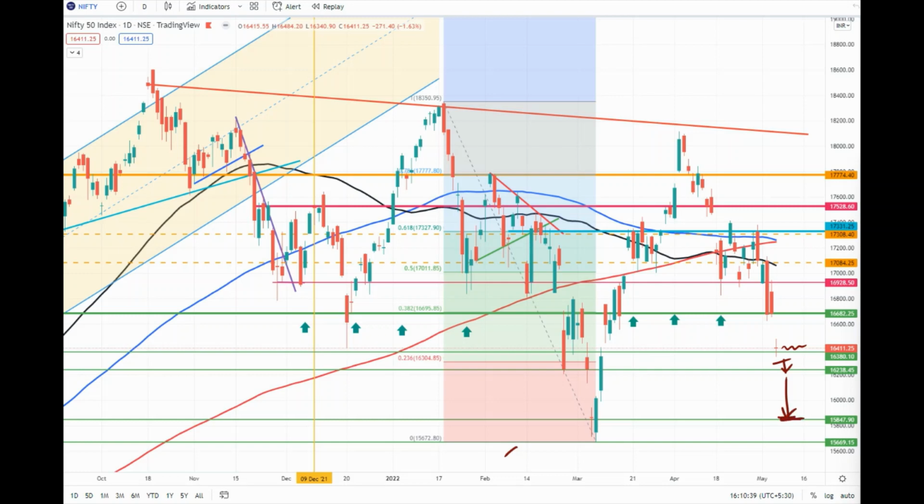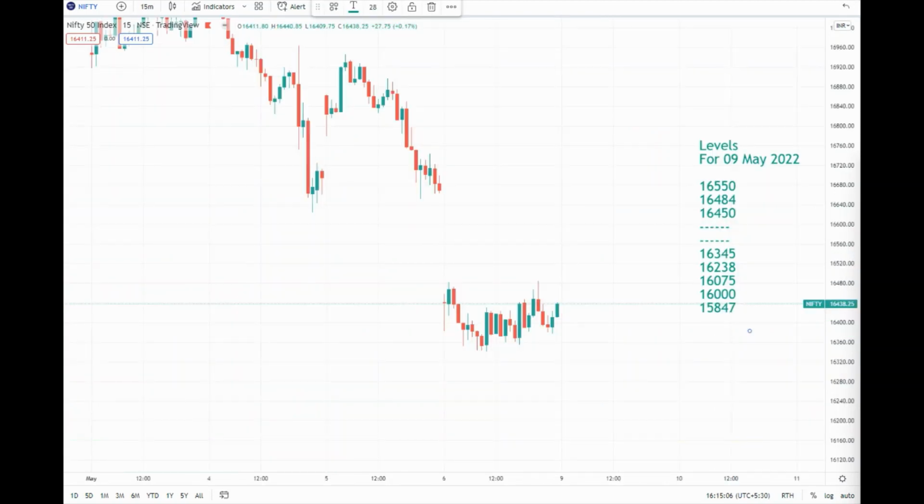If there is a gap down, maybe 16,238 will get tested, and from there it may bounce, or else on a breach of 16,238 you may go down till the level of 15,847. If it doesn't happen in a day, in a couple of days you may see if the continuation of trend persists. So this is the intraday action: a gap down and sideways intraday action throughout the day.